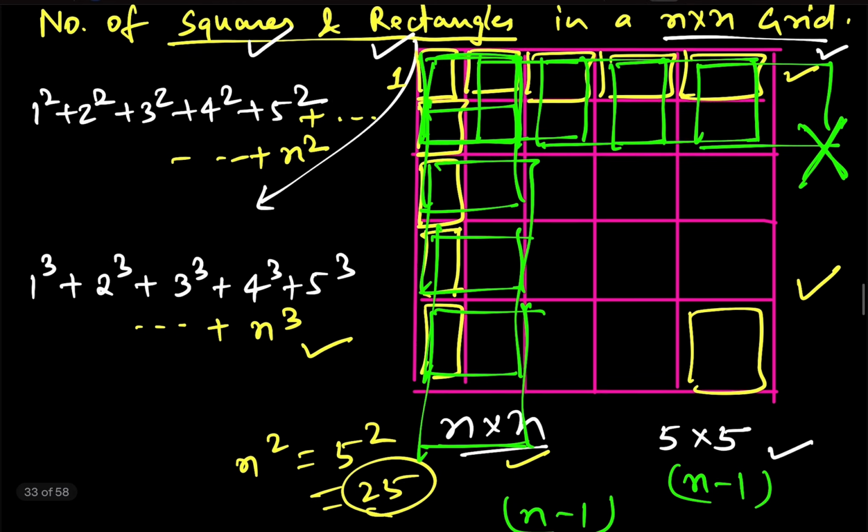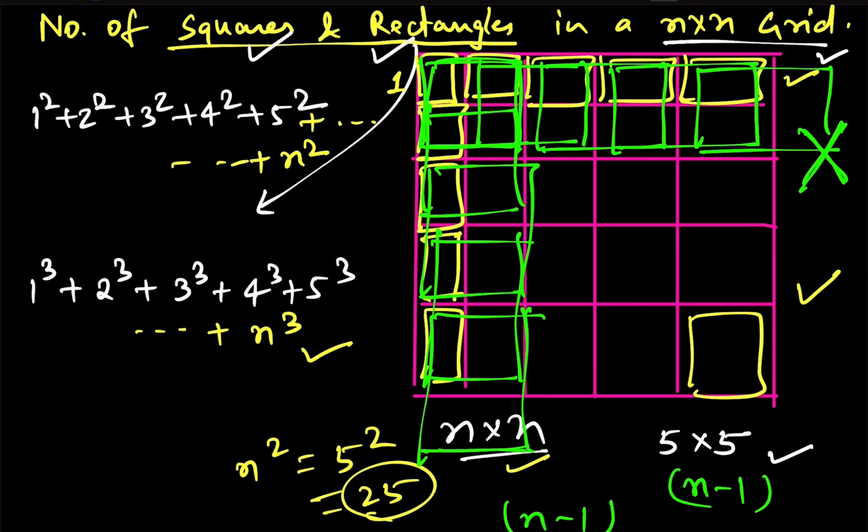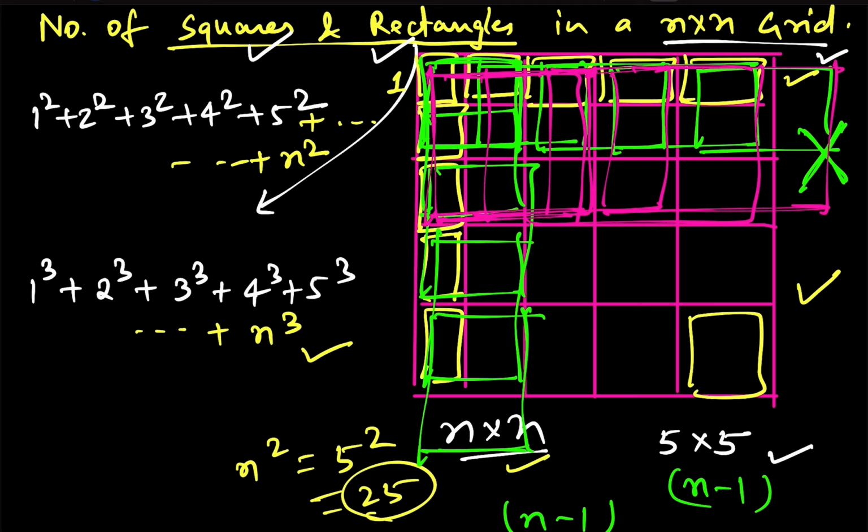Similarly, if you generalize this, going for the 3 square, suppose this is the 3 cross 3 square, this is the second 3 cross 3 square, this is the third 3 cross 3 square, and the fourth one you will go outside again.